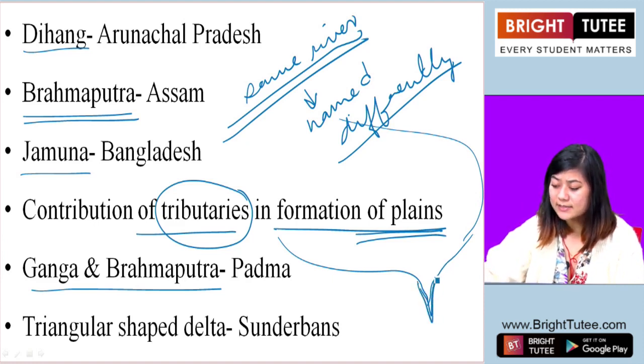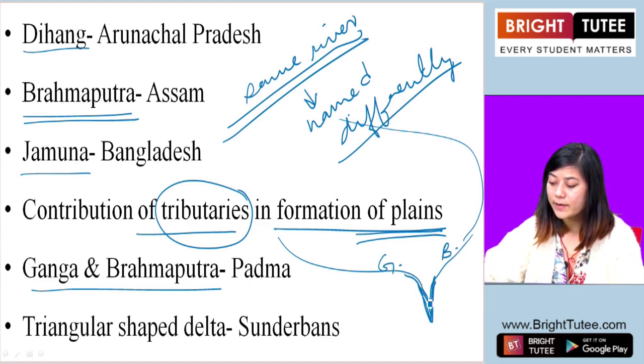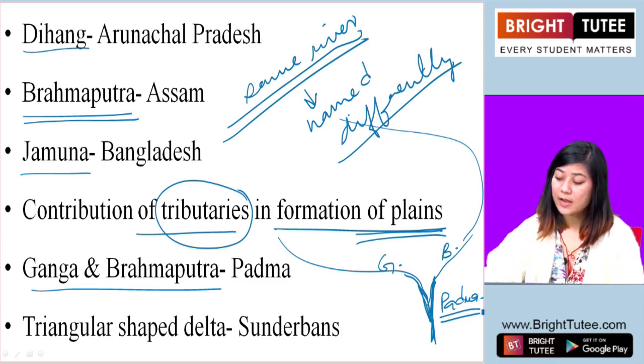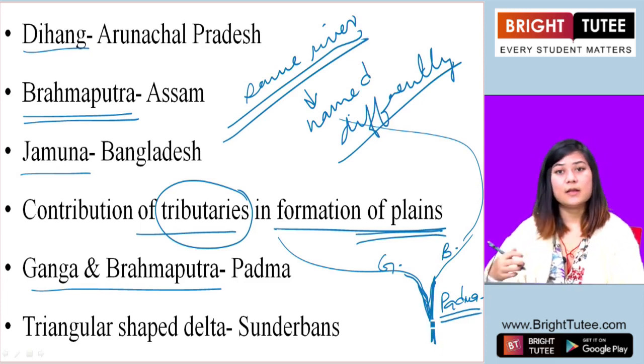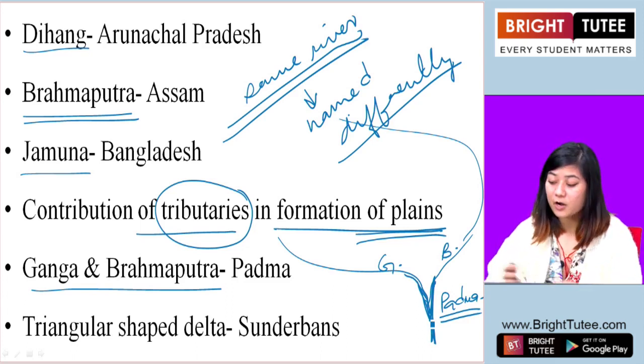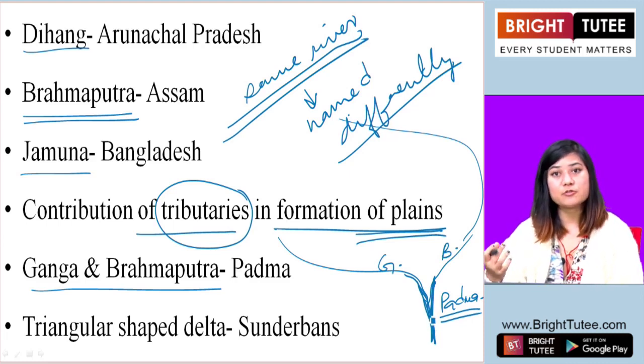Now when these two join, this is Ganga and this is Brahmaputra. When they join in Bangladesh, this river is called Padma.